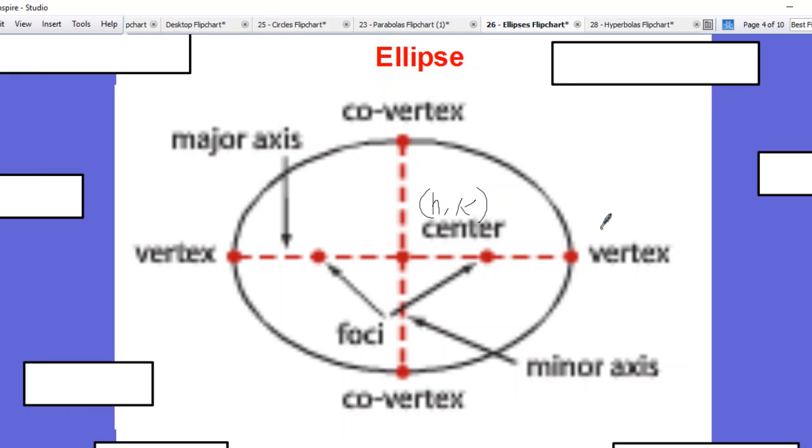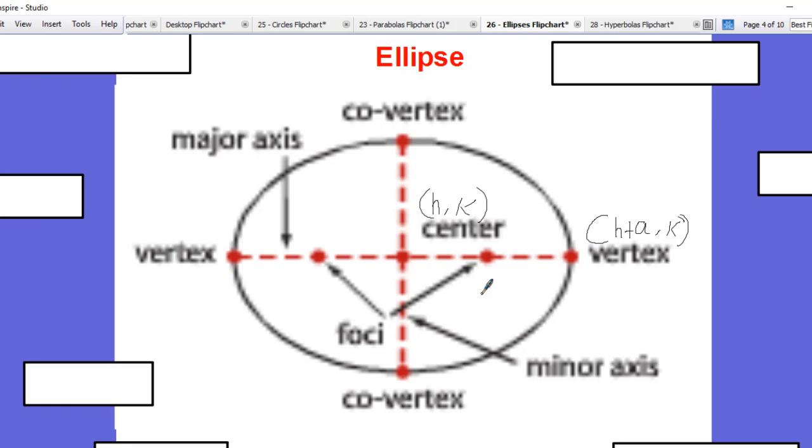This vertex right here is now going to be h plus a, comma, k. Here's why. This is a horizontal ellipse because the longer axis is horizontal.